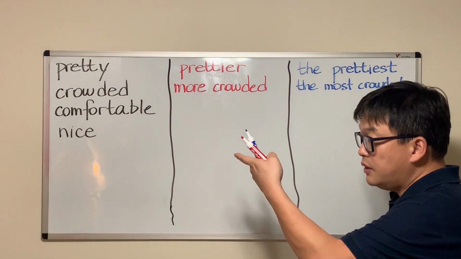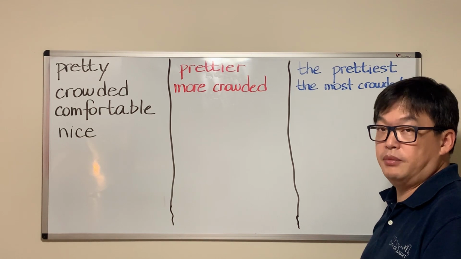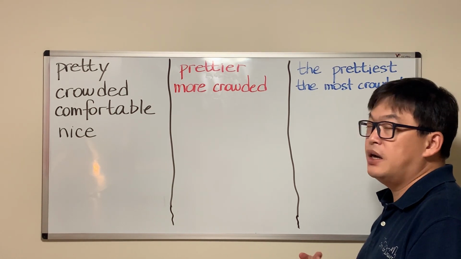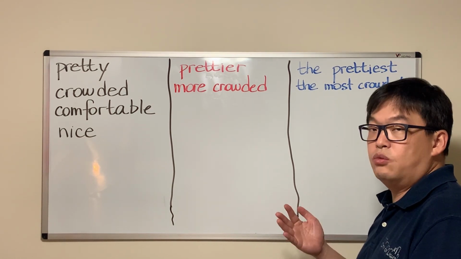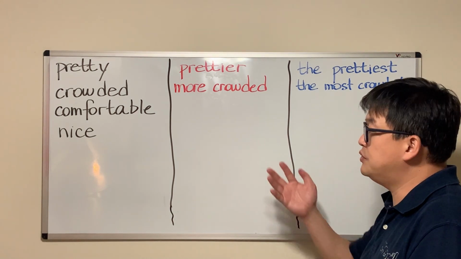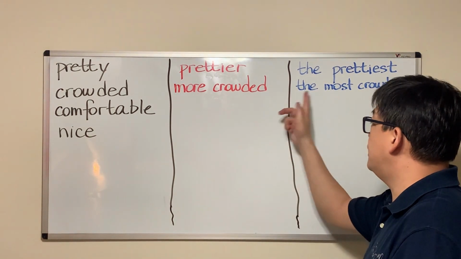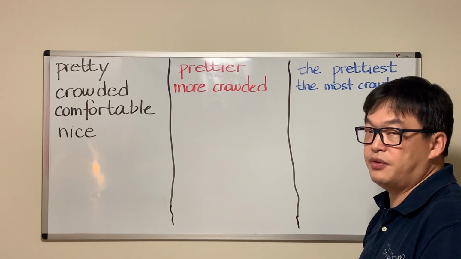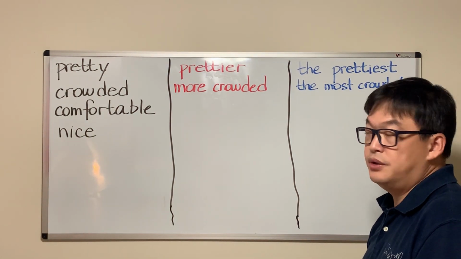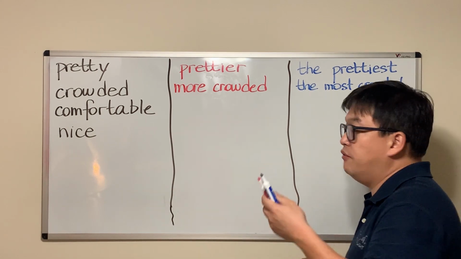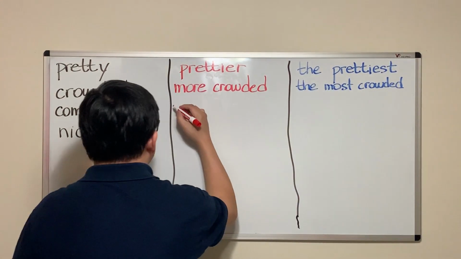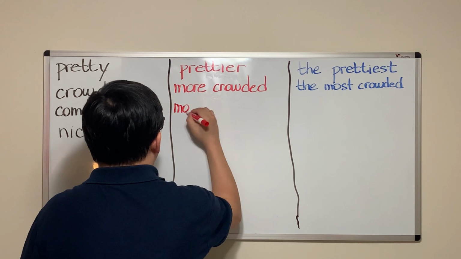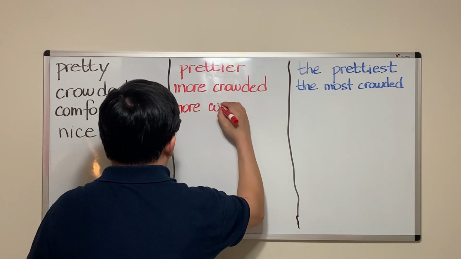Okay? Look at comfortable. The same thing. You know, when you have long words, 2 or more syllables, you use this rule. You've never heard people saying comfortabler, it's just more comfortable. Yeah, more comfortable.